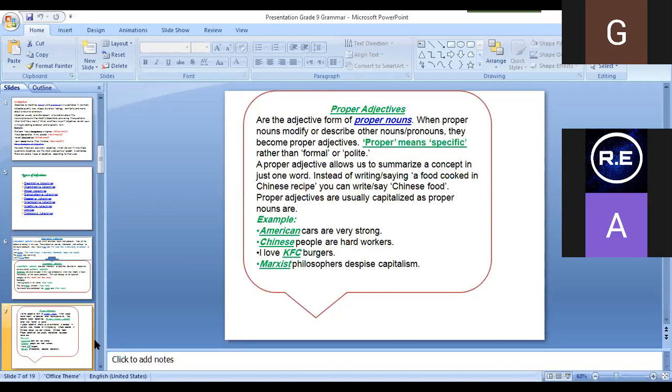Now, Marxist philosophers despise capitalism. Now, I have used a certain type of philosophers. Like, for example, can I say communism policies lost to capitalism policies.